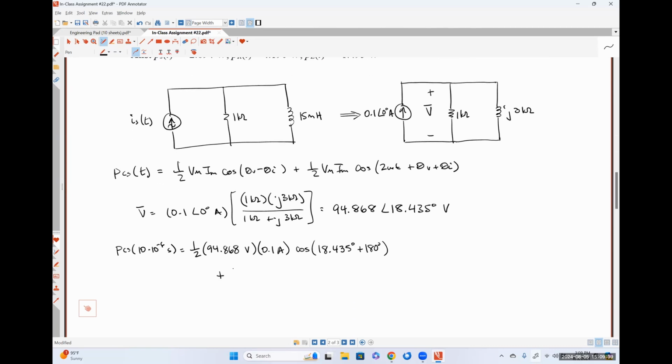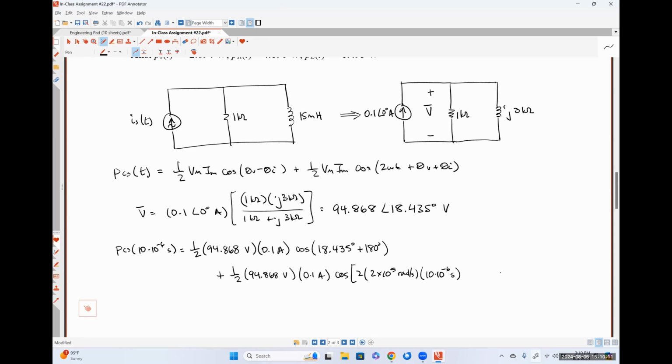Continuing our calculation down here, we're going to have 1/2 times 94.868 volts times 0.1 amps times the cosine of twice 2 times 10 to the 5 radians per second, let me put that to be very explicit, times our time of 10 times 10 to the -6 seconds.